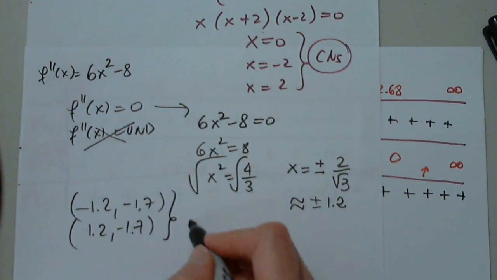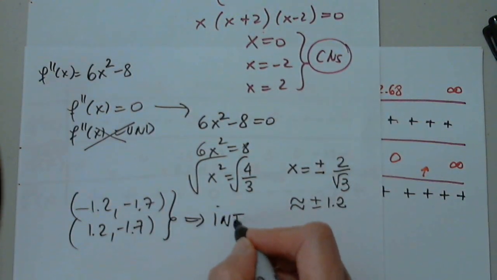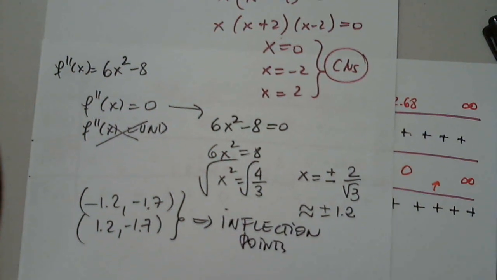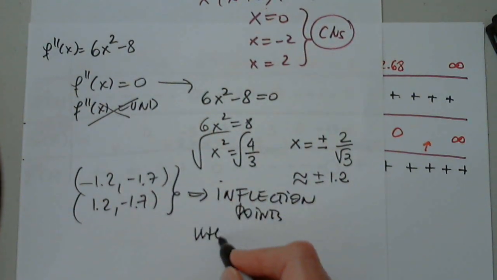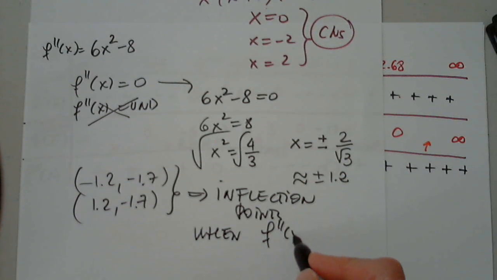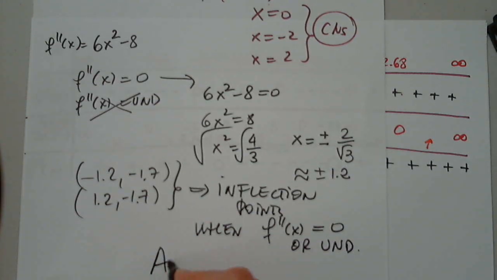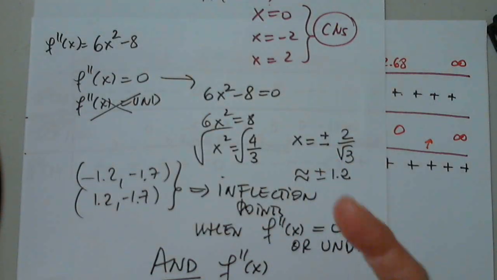These points are called inflection points. When the second derivative is 0 or undefined, of course the function has to be defined. And super important, f prime of x, like with the first derivative, changes sign.